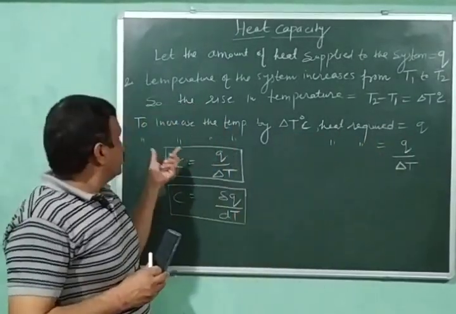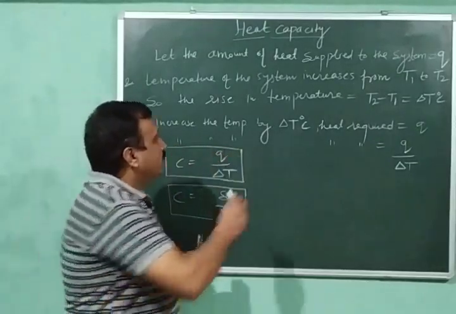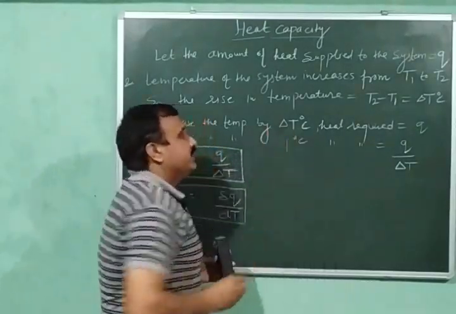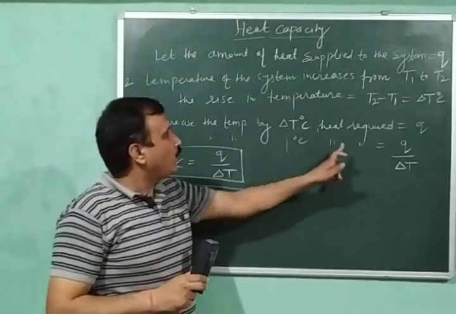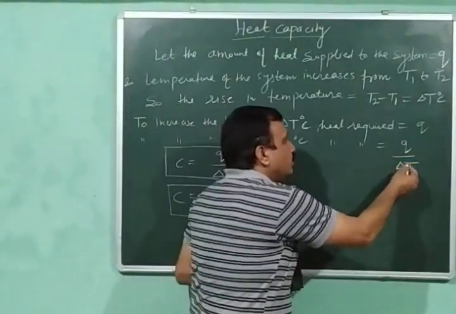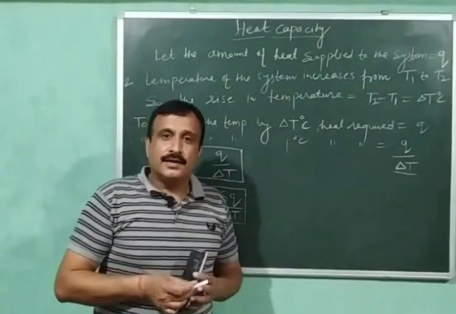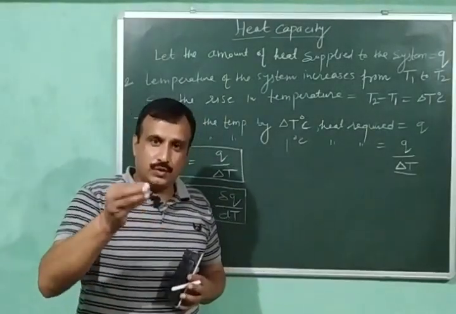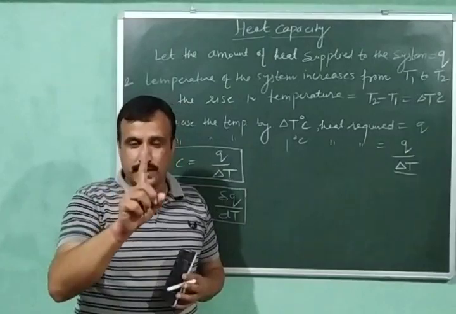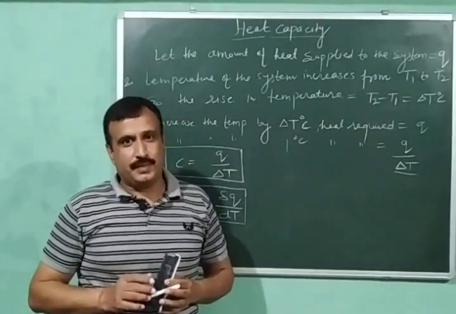So to increase the temperature by 1 degree Celsius, the heat required will be equal to Q upon delta T. As I said earlier, the heat required to raise the temperature of the system through 1 degree Celsius is called heat capacity.